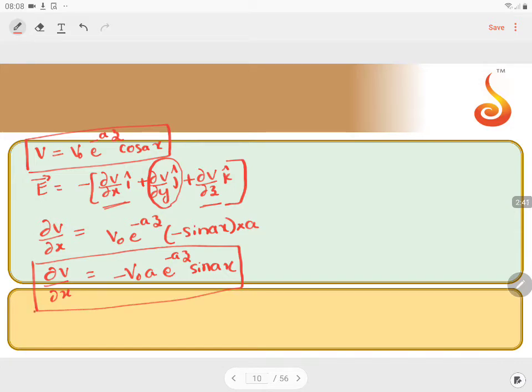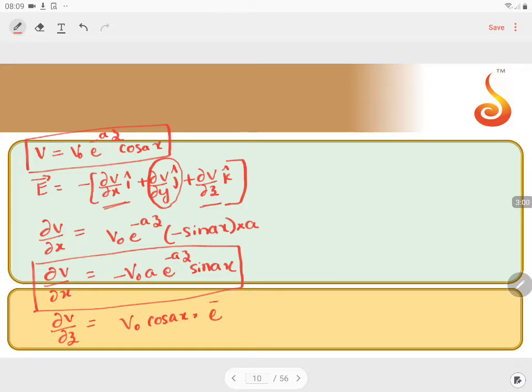Now we have to differentiate the above function with respect to z. So dou V by dou z will be equal to, when we differentiate with respect to z, x will be treated as constant. So V naught cos Ax will be constant. Now we have to differentiate e to the power of minus Az.